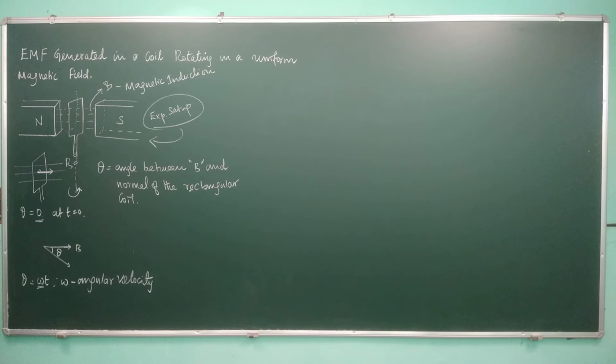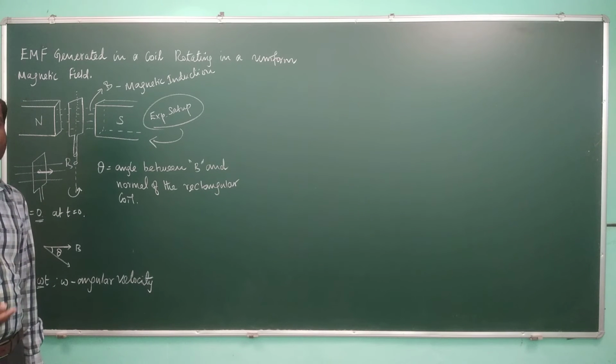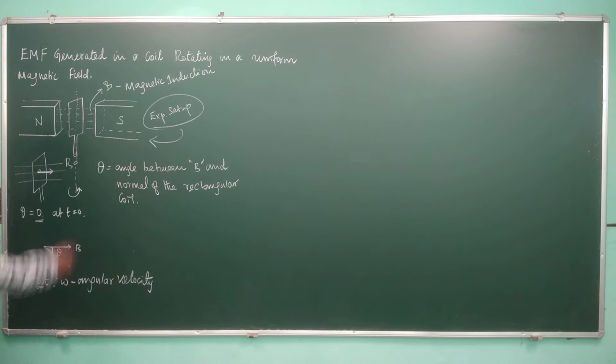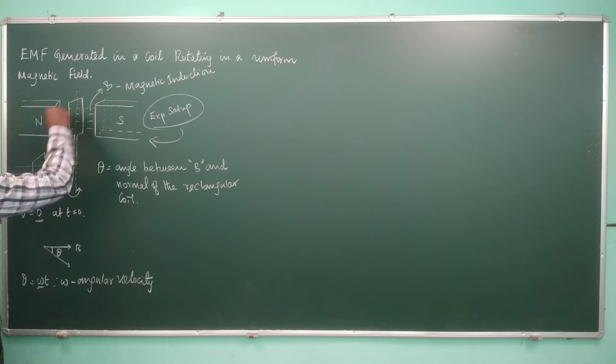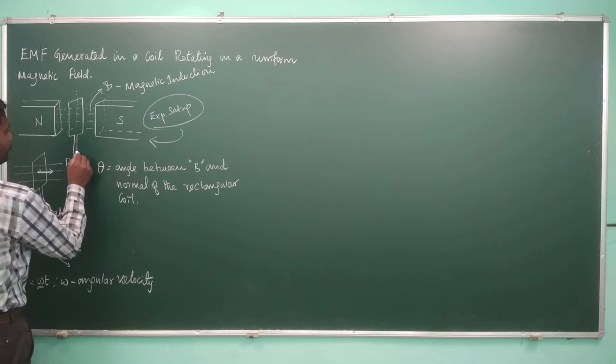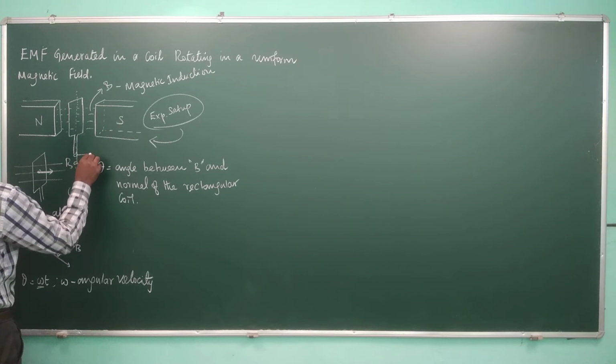Now as the rectangular coil starts to rotate, the magnetic field lines crossing this coil, that is the value of B, will change continuously. This change in the magnetic field will create an induced current through this coil, which you can measure if you connect a resistance.